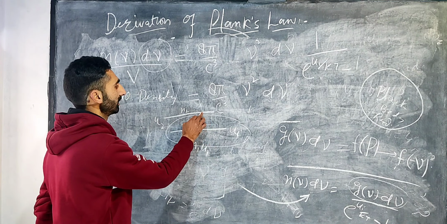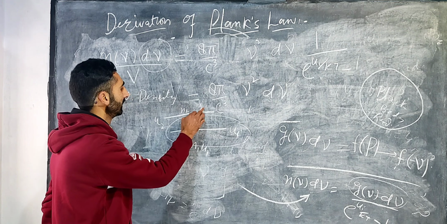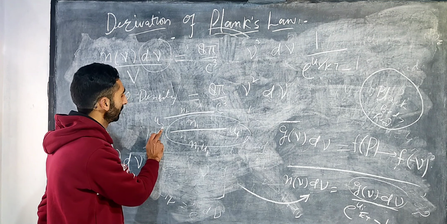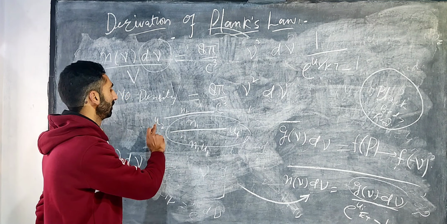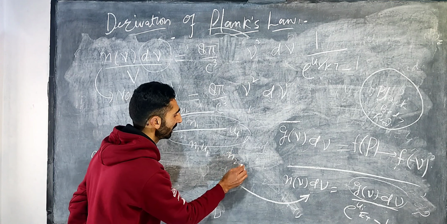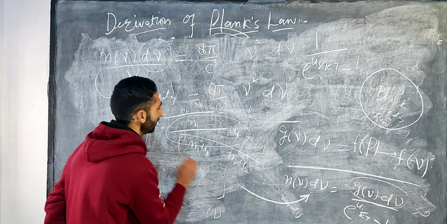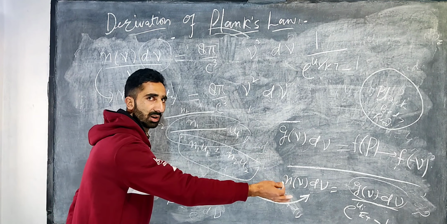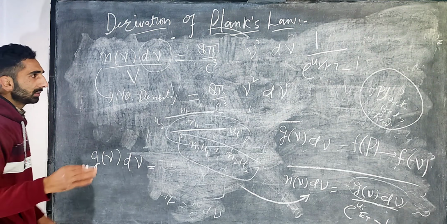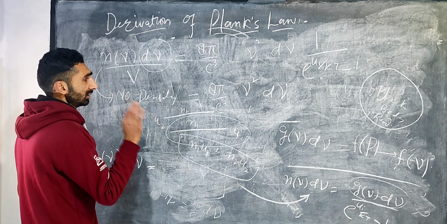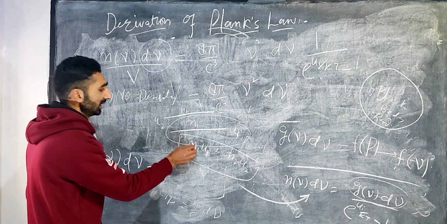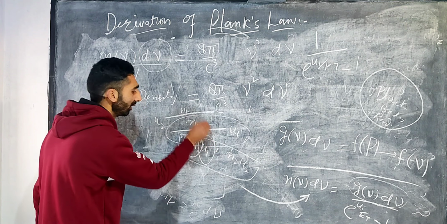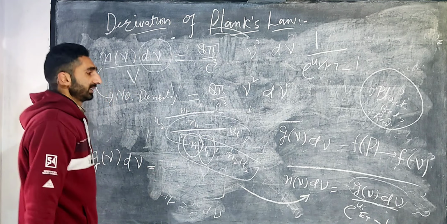Similarly with the second state, the energy will be n2 times the energy of each particle in that state, that is n2 times u2. So the total energy will be n1 u1 plus n2 u2. Similarly it goes on. So the total energy is equal to the number of particles in that state times the energy of that specific state.